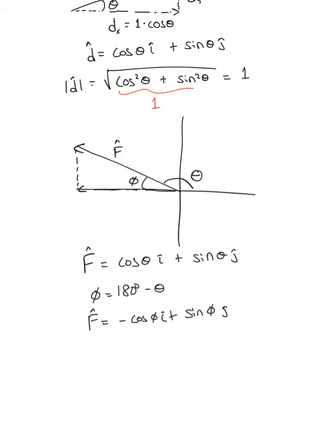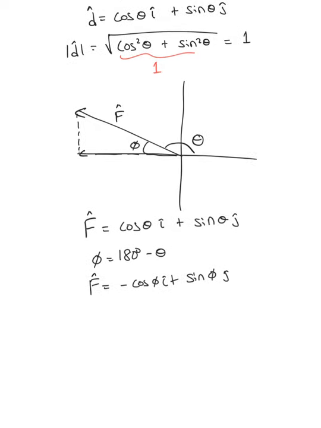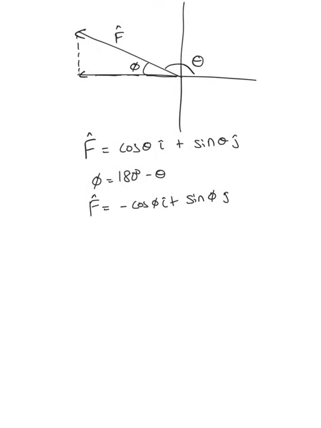Now that we've seen how to identify a unit vector and to create a unit vector based on an angle, let's take a look at how we can use the idea of unit vectors to make writing vectors slightly more efficient. So let's imagine that I have a 5 Newton force.